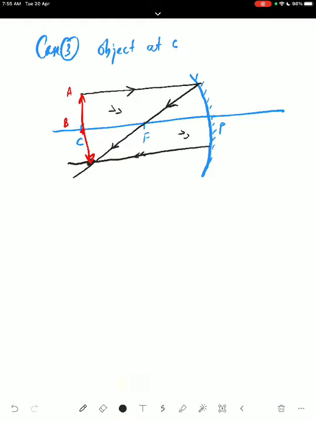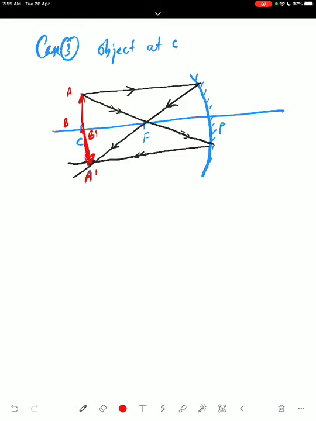The second ray passing through the focus along this way, after reflection, meets at this point. So here you are getting A dash. A dash B dash will be your image.